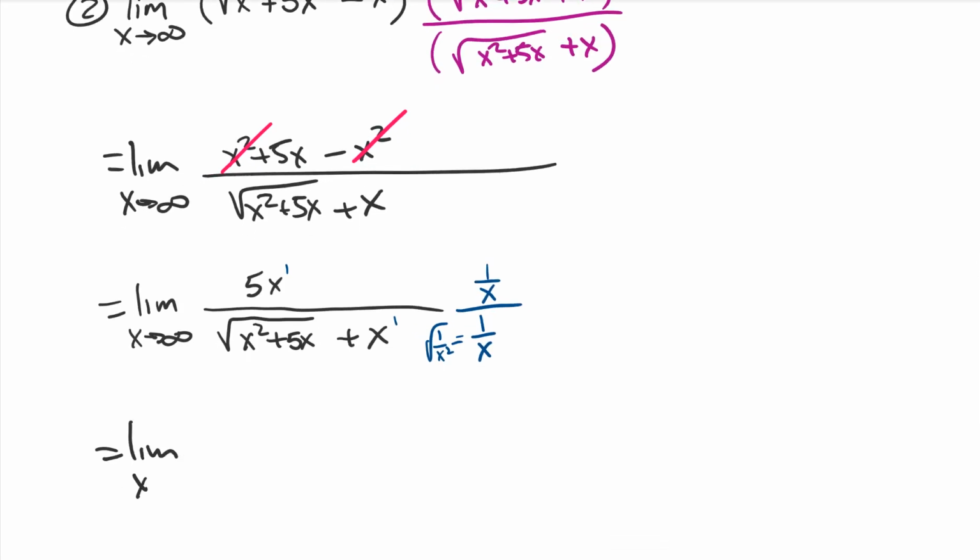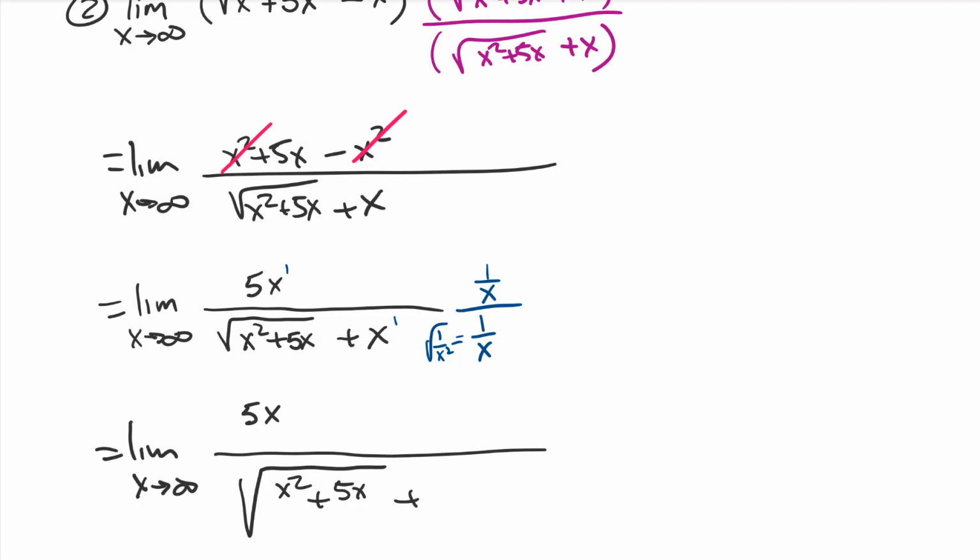We get the limit as x tends towards infinity. We've got our 5x up top, and the square root. Anywhere not inside the radical, we're just going to bring an x. Anything inside the radical, we're going to bring in an x squared, not an x.